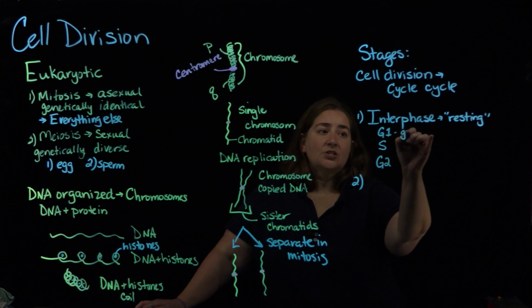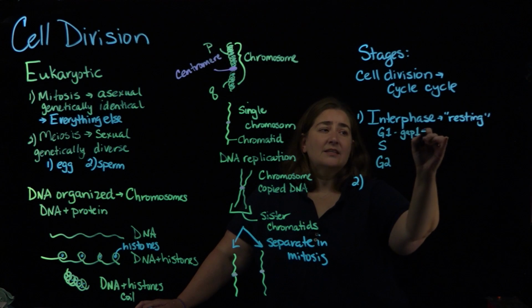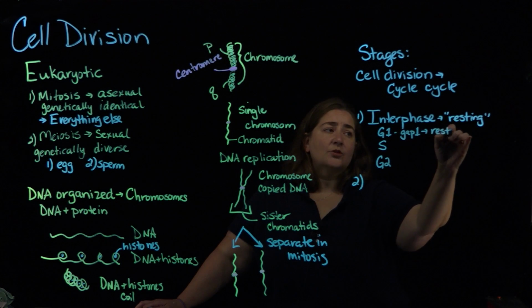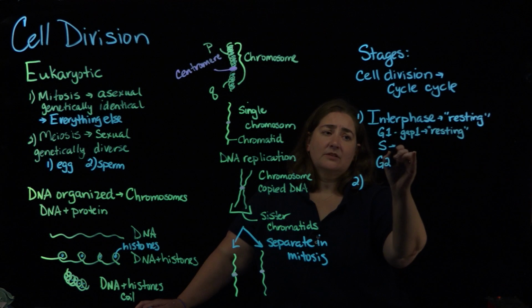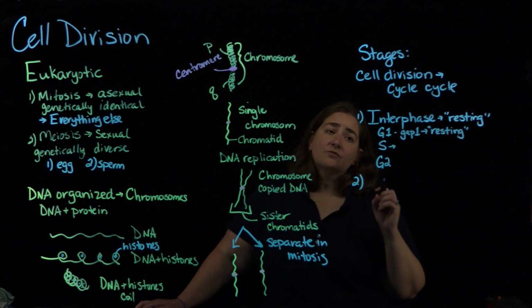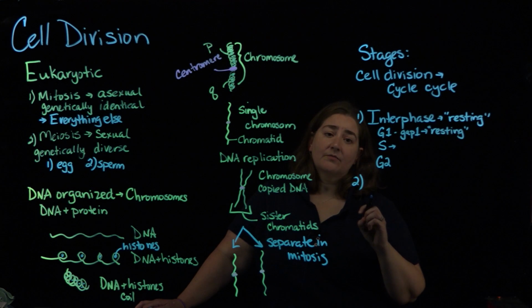Okay, G1 is the first gap phase. This is really where we're talking about the cell's kind of resting. It's not actively undergoing cell division. Okay, when we transition from G1 to S, that's where we're going to start the cell cycle, okay?